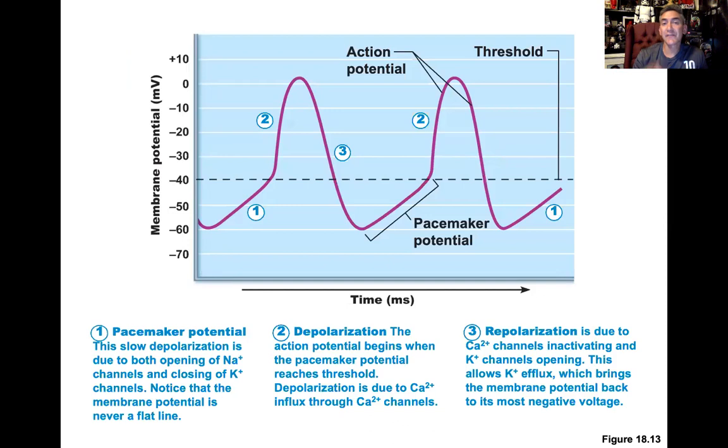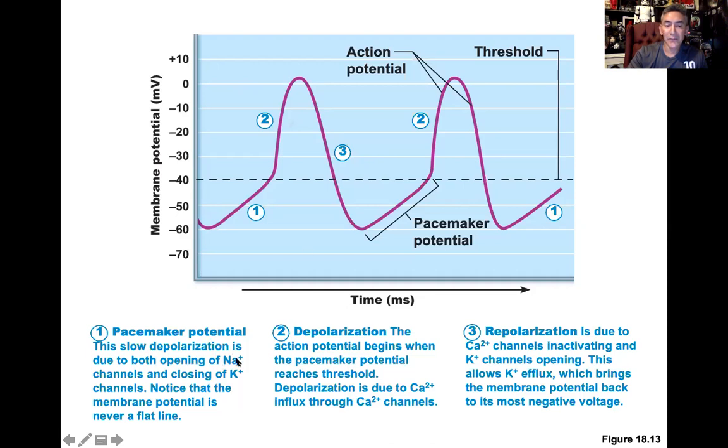Instead of -90, we're at -60. But we don't have a flat resting potential. This shows that we're leaking sodium. We hit threshold and we open the channels, depolarize to just slightly over zero, and then we repolarize.